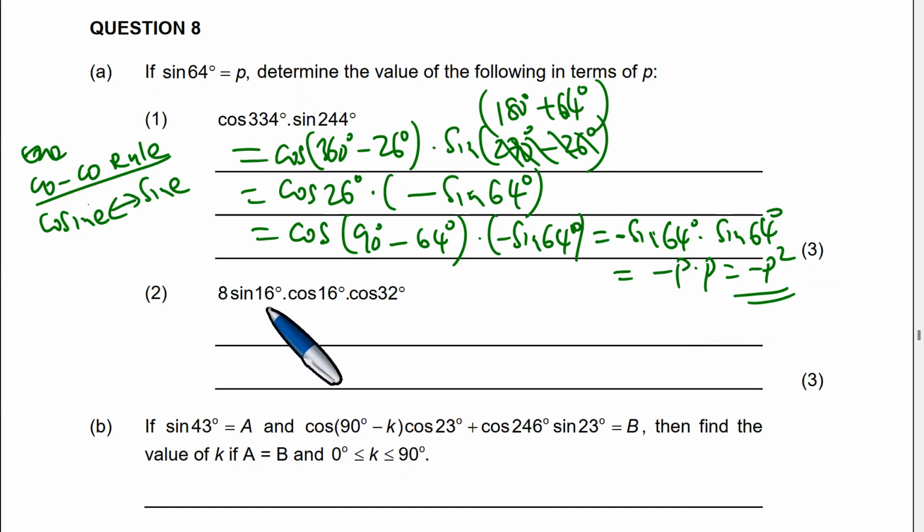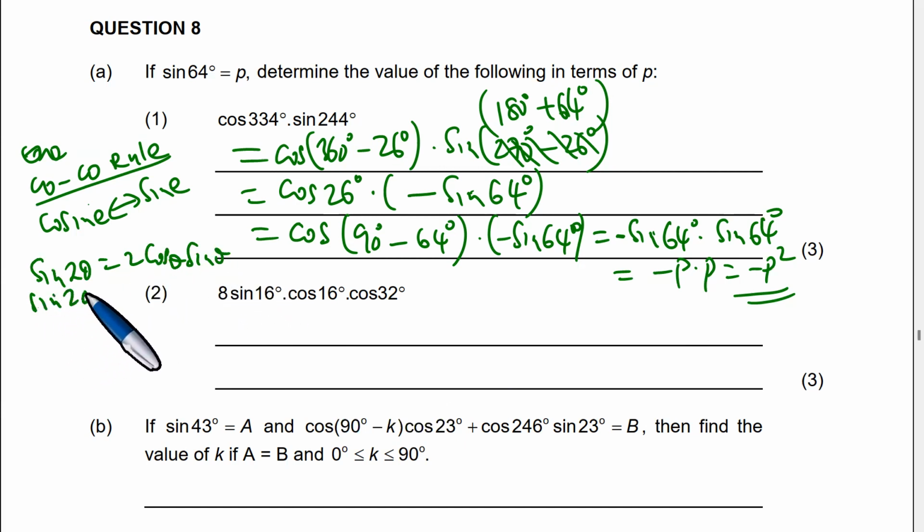Okay, 8: 4 sine 16, cosine 16, cosine 32. What is the answer? We use the formula that the sine of 2 theta is 2 sine theta cosine theta.